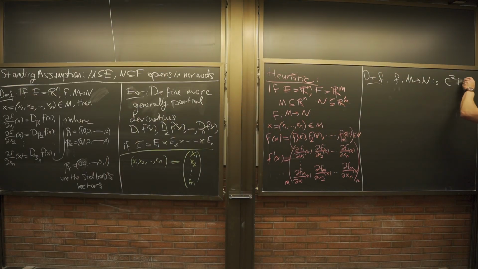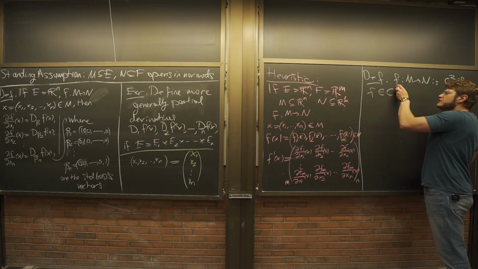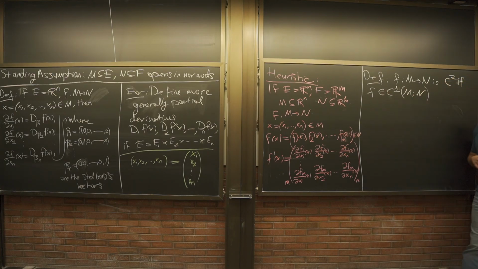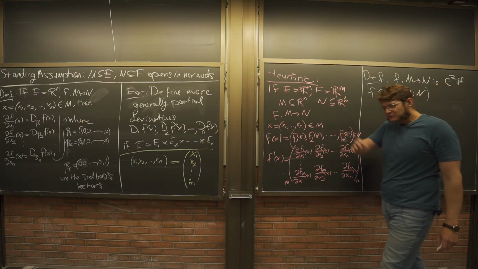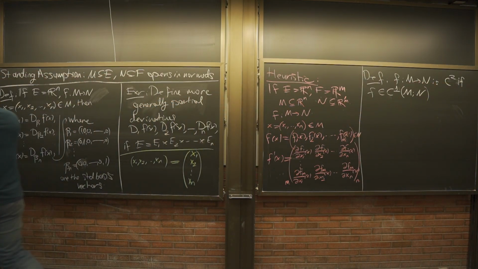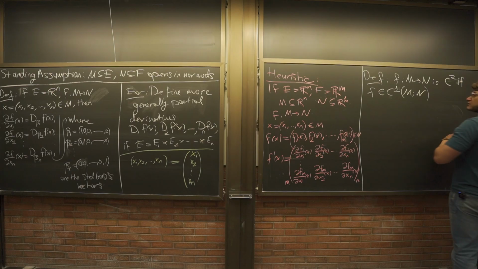Well, if f is C1, that is to say, f prime of x exists for each x in M, and furthermore, the mapping that takes x to f prime of x, that goes from M to the space of bounded linear operators, is continuous. So that's C1.